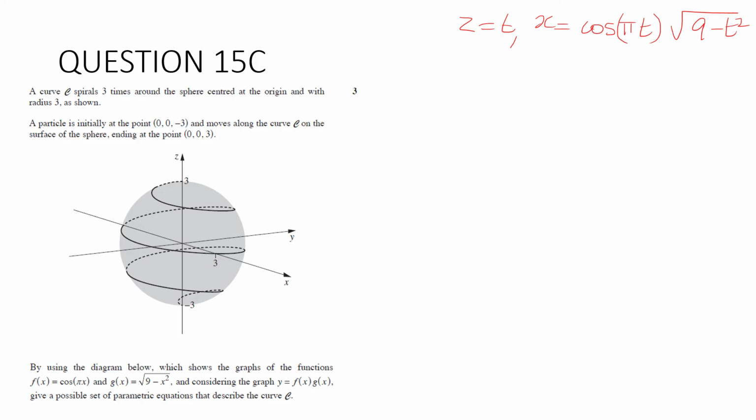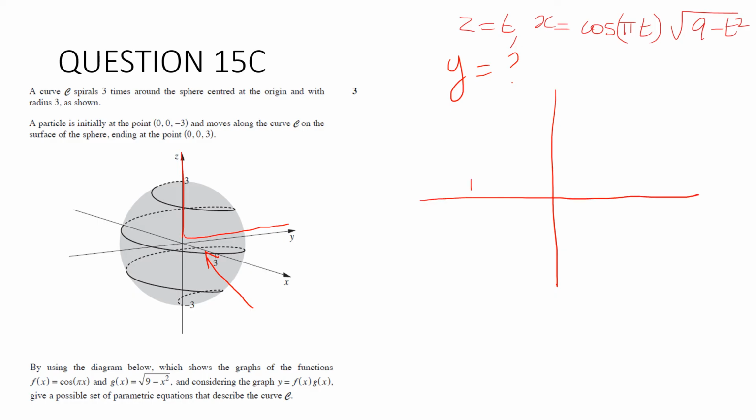So we've got two of them, we just need y. We're going to do the same thing, we're going to squish the graph, but this time onto the yz plane. And the graph's going to look like this. It's going to be similar, but subtly different.